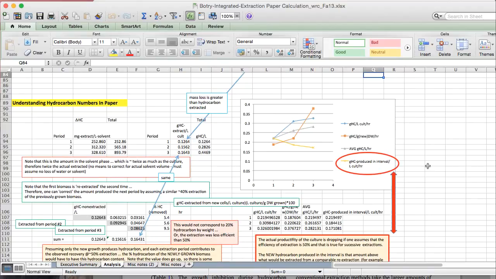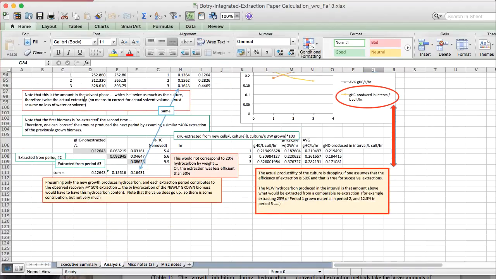As you go down further here, this section of the analysis is a way of basically taking into account the fact that for the first extraction, you have a certain amount of the material that is left behind.